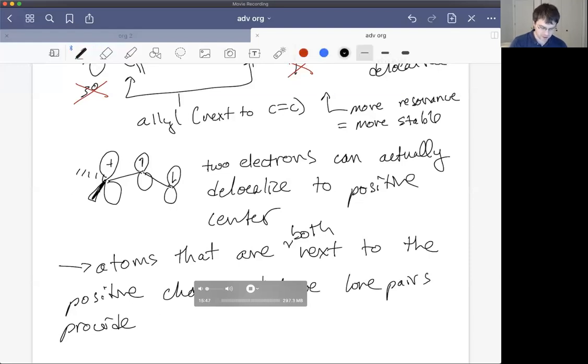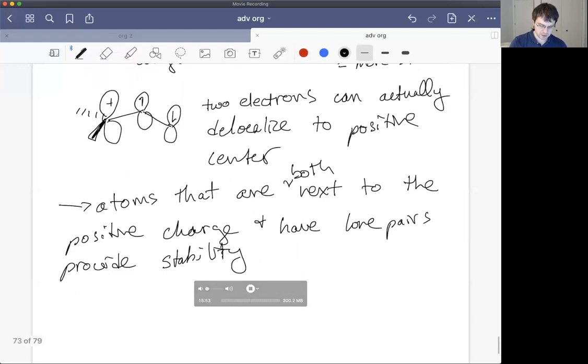Not going to worry about comparing these. So provide stability to cations.